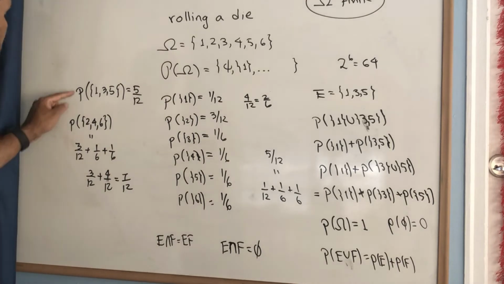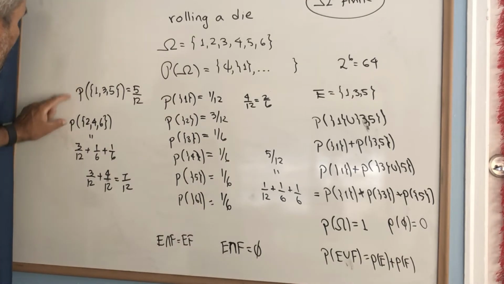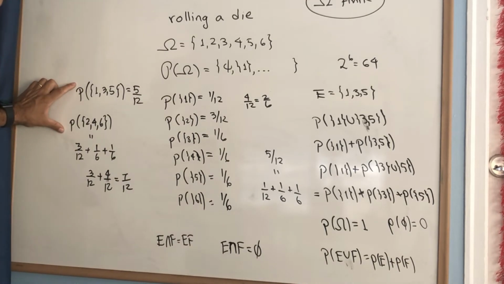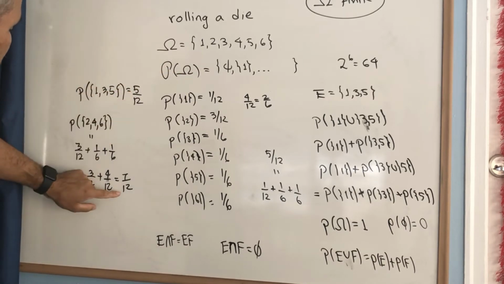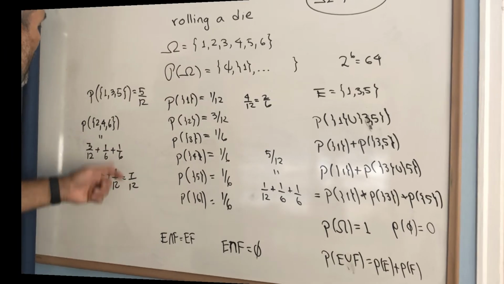Notice that since these two events are disjoint, the probability of the union, which is the whole sample space, should be 5/12 plus 7/12, which is equal to 1.